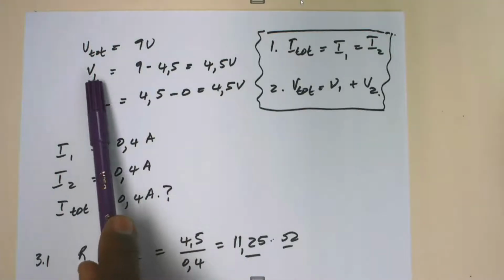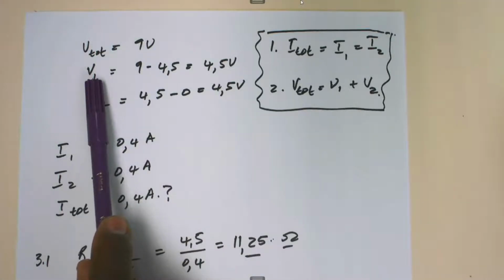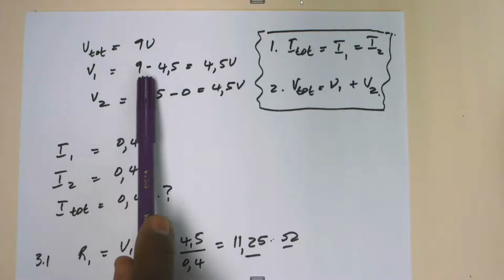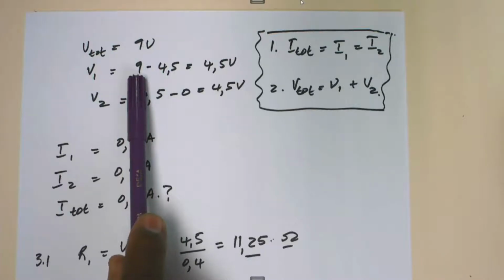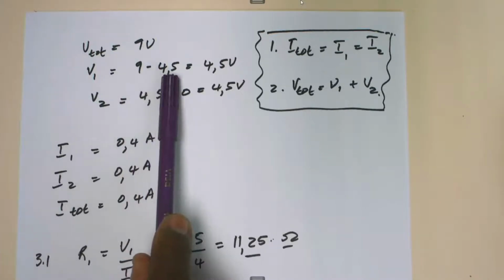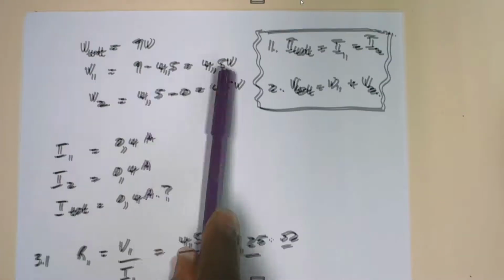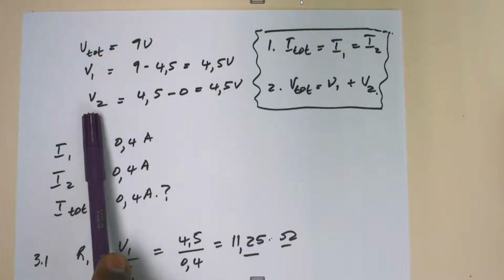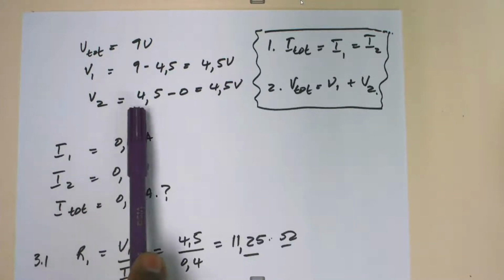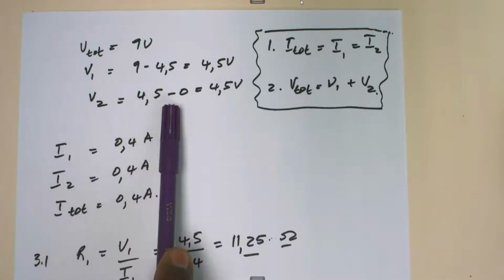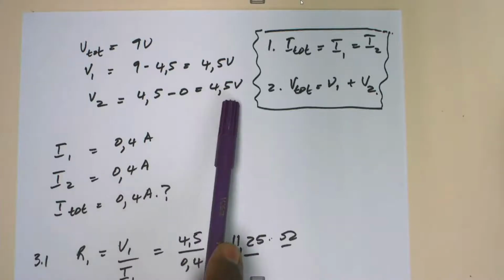The voltage across R1 is 9 volts minus 4.5 volts, which gives us 4.5 volts. The potential difference across R2 is 4.5 volts minus 0, which gives us 4.5 volts.